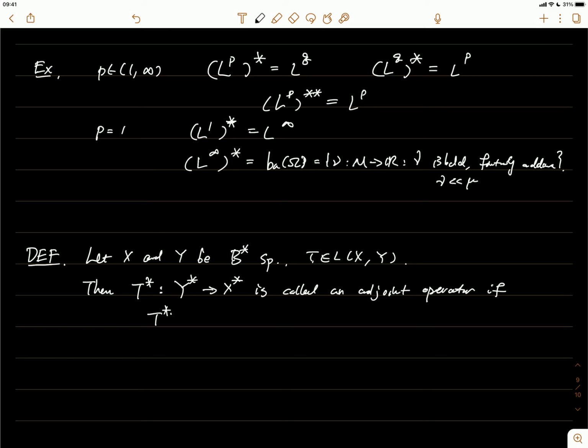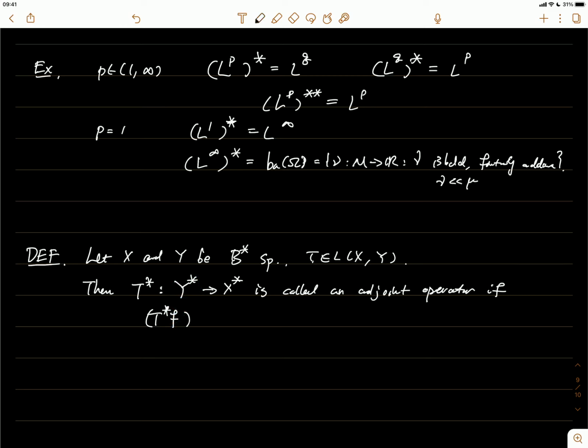the T star of F, where F is in Y star. So after the mapping, it becomes an element in X star. So the F here is in Y star, and T star of F is in X star.